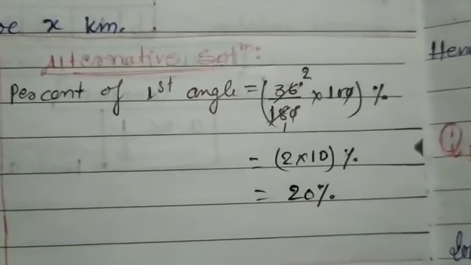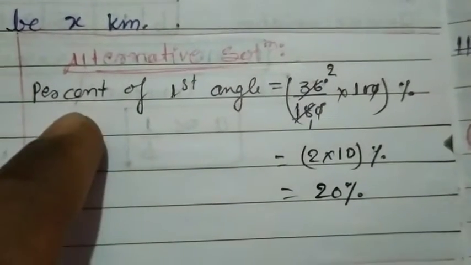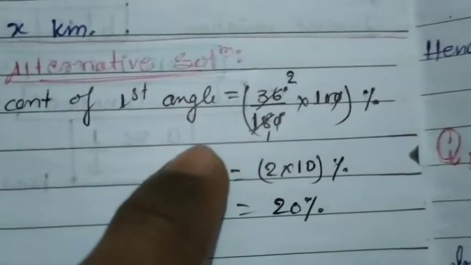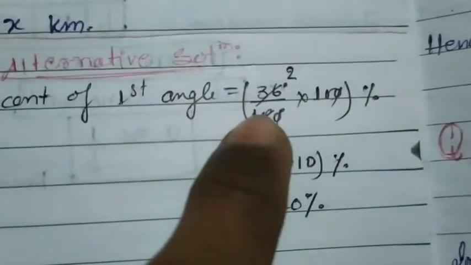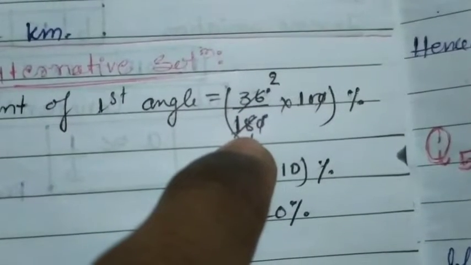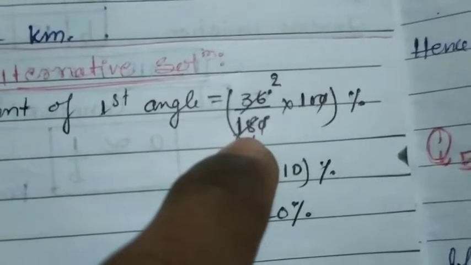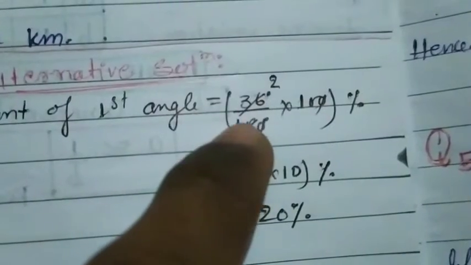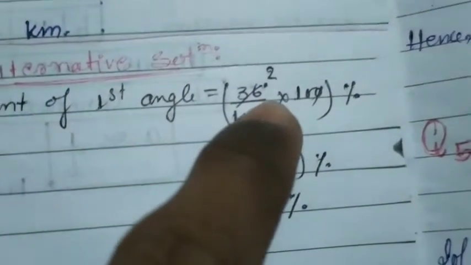Or you have an alternative solution to find the percent of the first angle. You can do it like this. As you got the first angle as 36 degrees, so 36 upon 180 degrees, we know the sum of all angles in a triangle is 180 degrees, into 100.